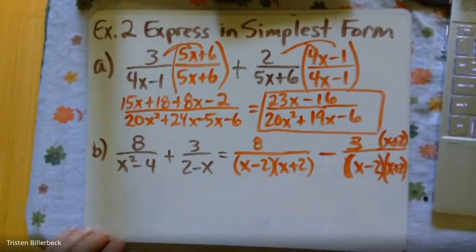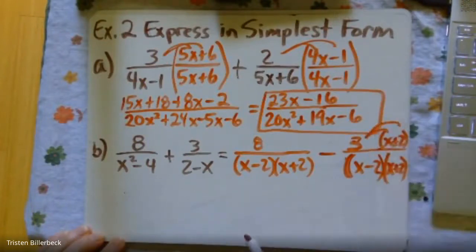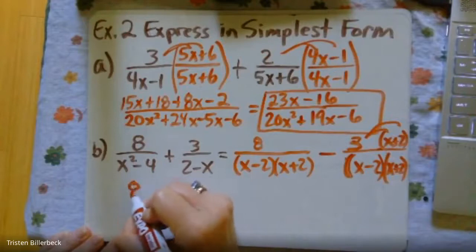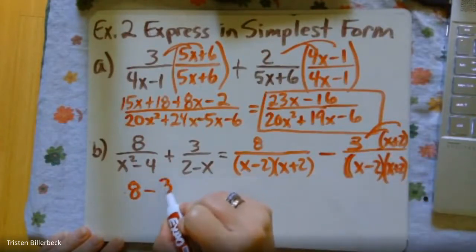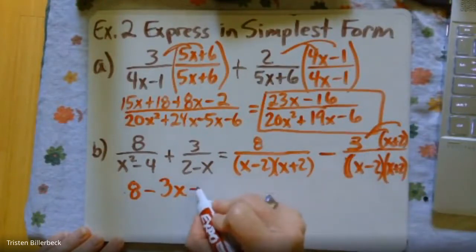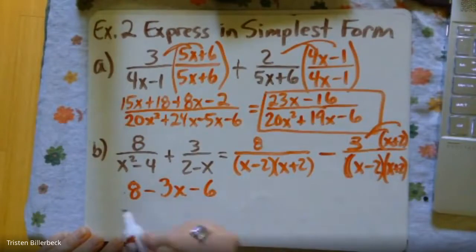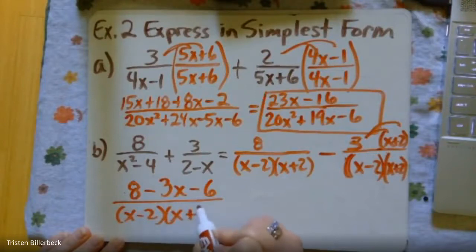So on the bottom, let's look what we have. Oh, and we can distribute right here. So let's move over here, 8 minus, and we have 3 times x. And then minus 3 times 2 is minus 6 over, and we have on the bottom x minus 2 times x plus 2.